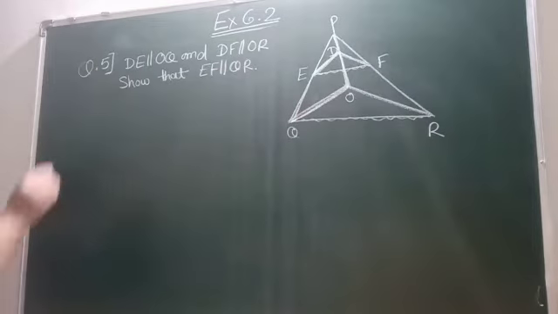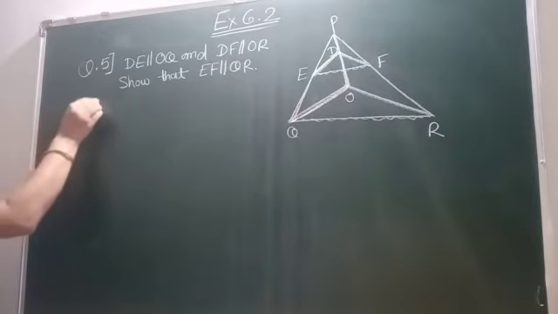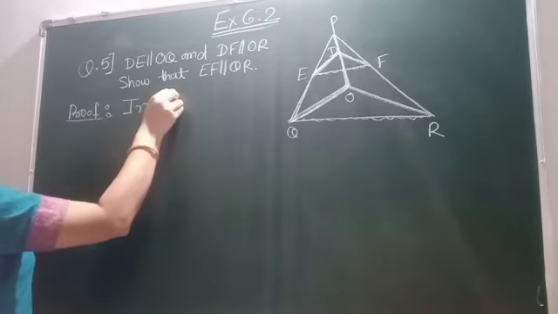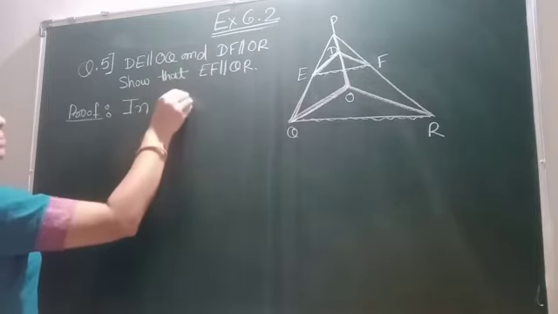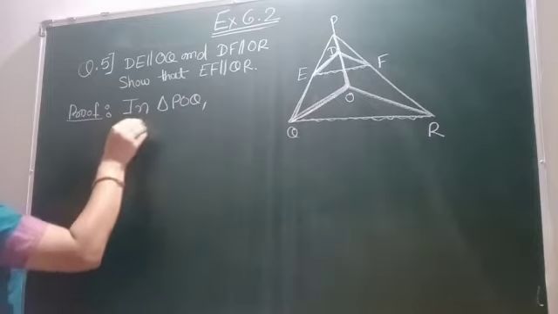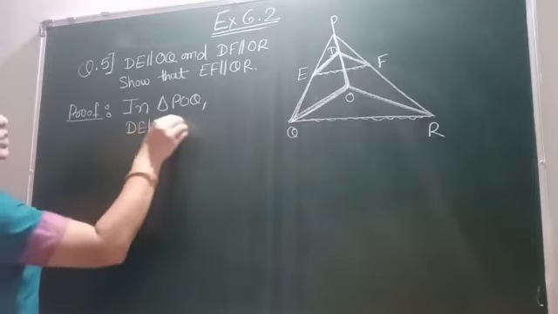So we can apply here BPT. So which triangle we will take? In triangle POQ, it is given that DE is parallel to OQ.